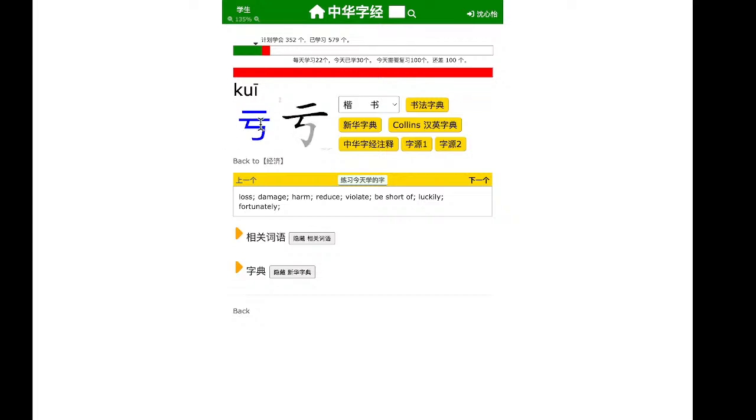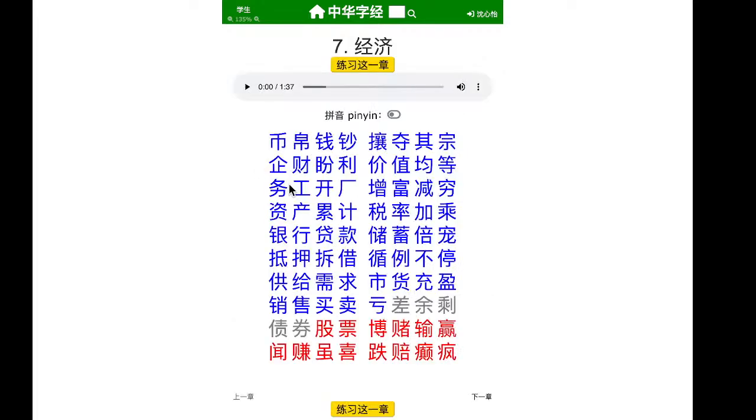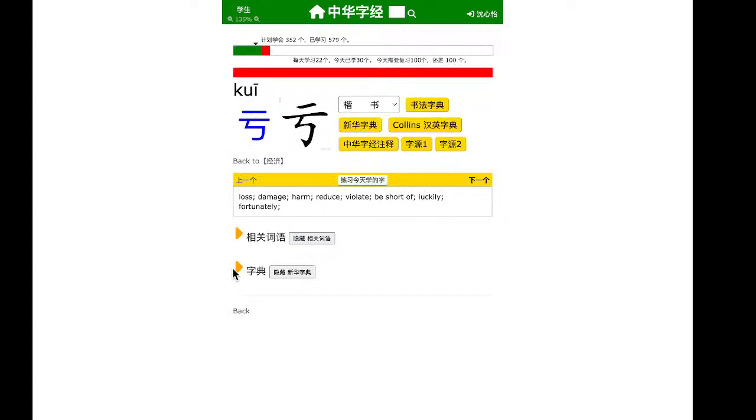Like 亏 in 亏损, right? Do we have... No, we had 资产 there. It's when you lose money on an investment. We also use it for luckily or fortunately, like 幸亏, which is completely different.